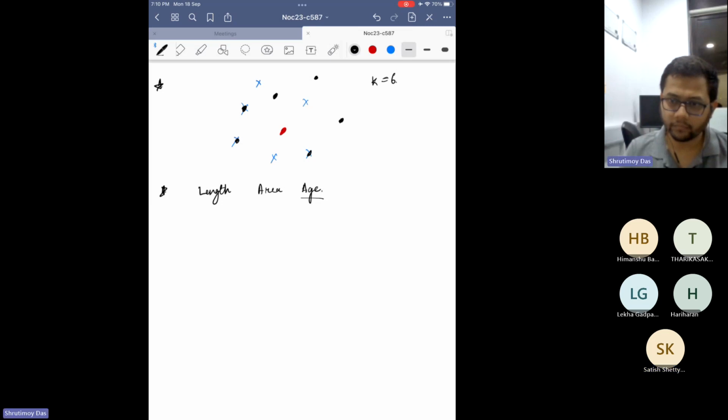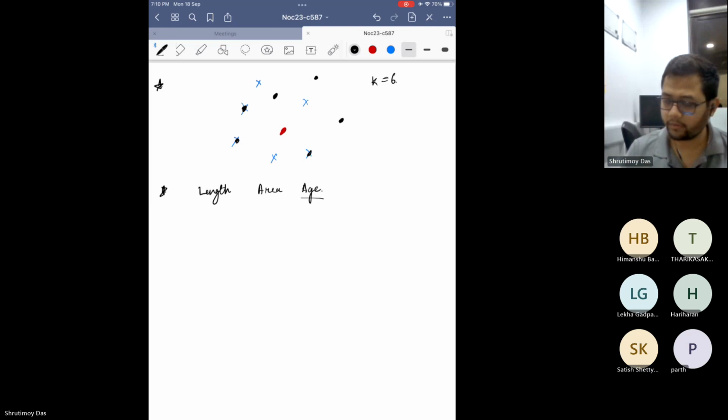So basically, suppose you have two events A and B, and they are independent.